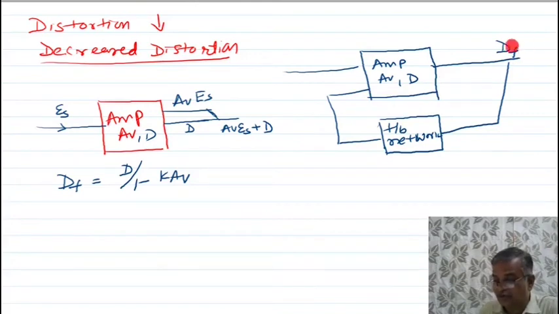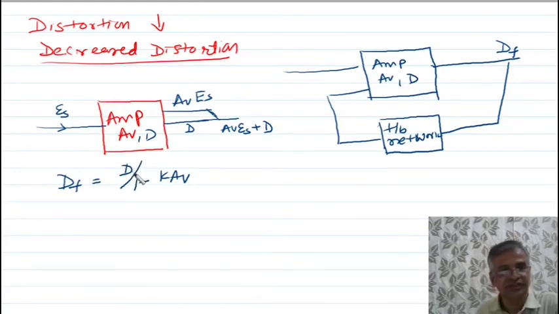This is called distortion with feedback. The distortion of this circuit is reduced by 1 minus KV times compared to the distortion without feedback.